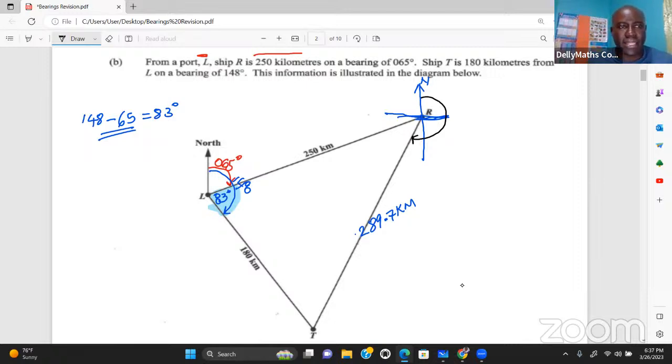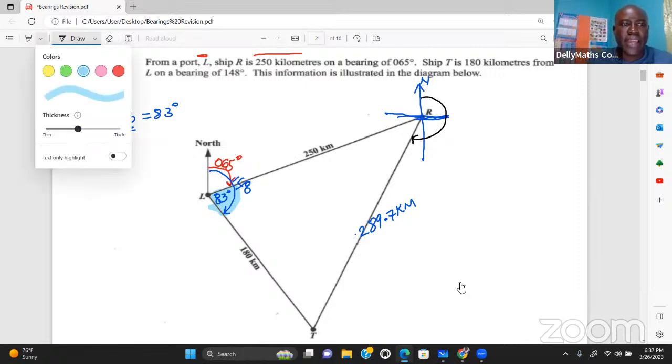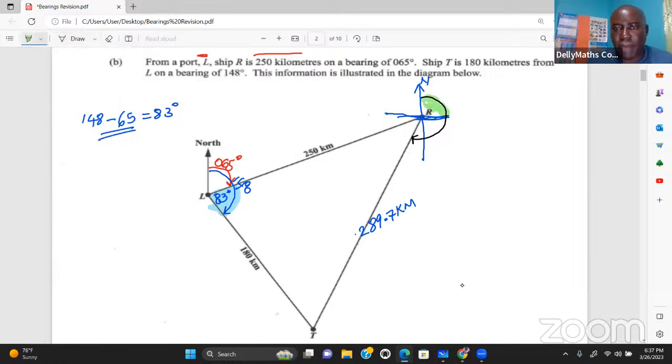And if we find that, then we would have gotten the bearing that we need. I'm going to put it in green right now. The bearing of T from R is my angle in green.